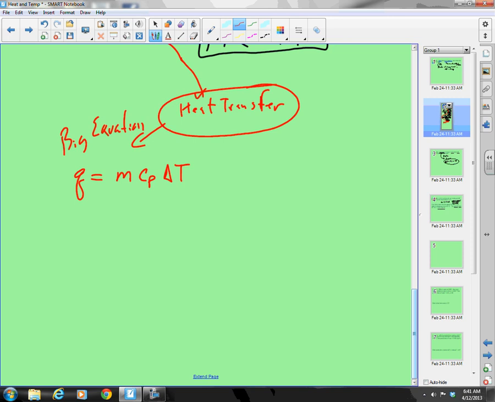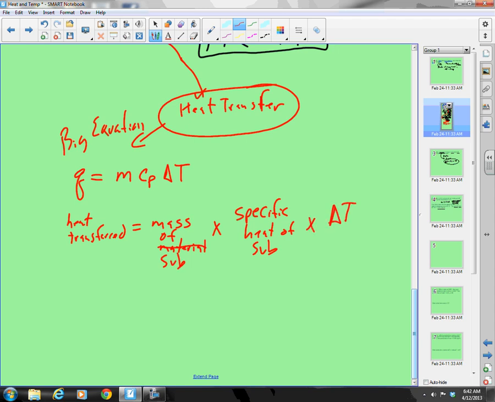That means the heat that is transferred in some kind of process is equal to the mass of the substance, times the specific heat of the substance, times the change in temperature of the substance. So heat is equal to mass times specific heat times delta T.